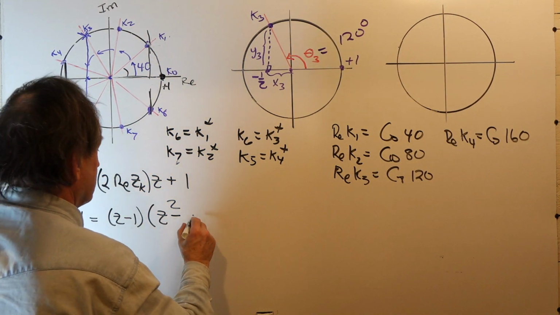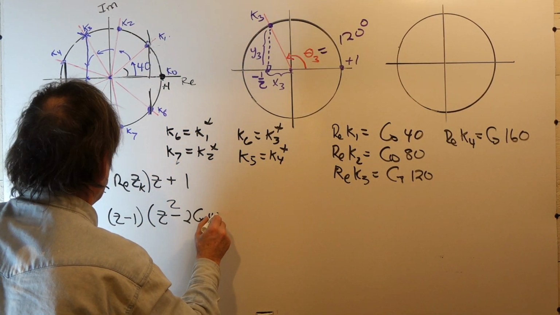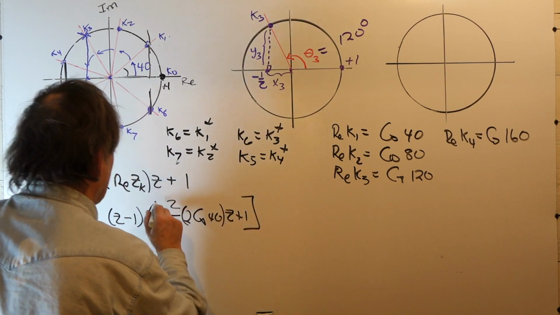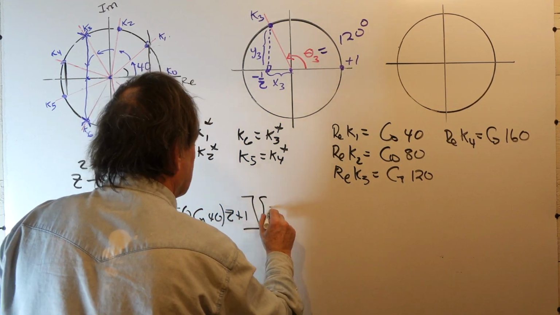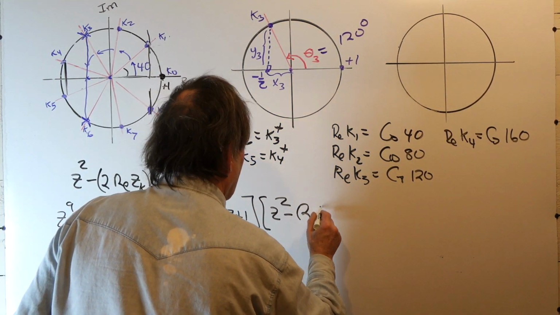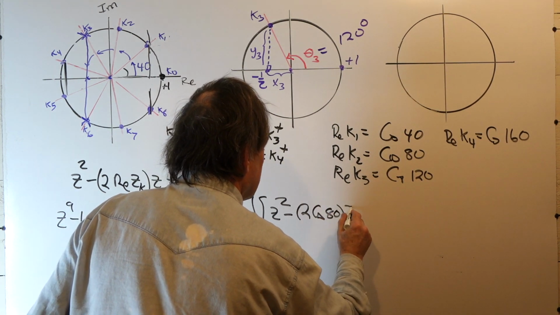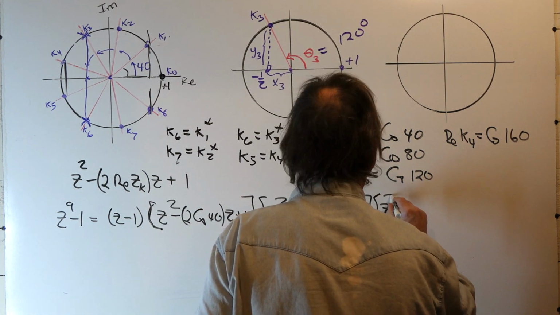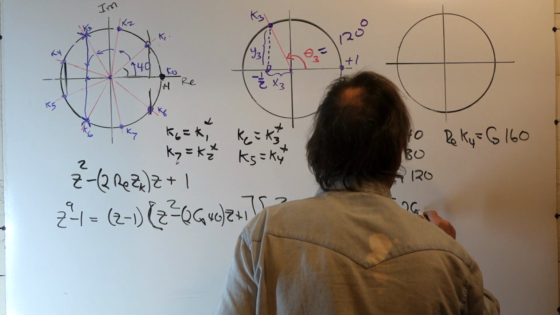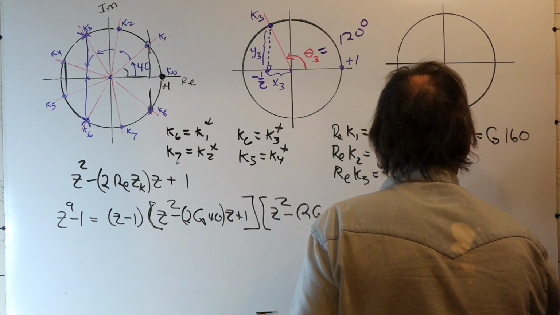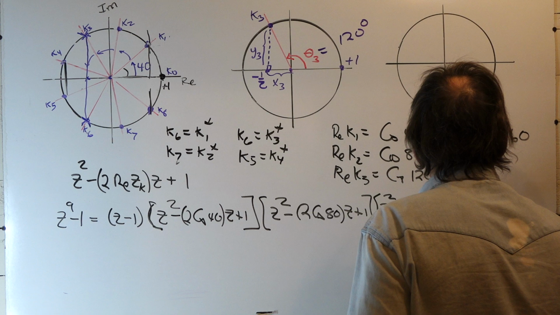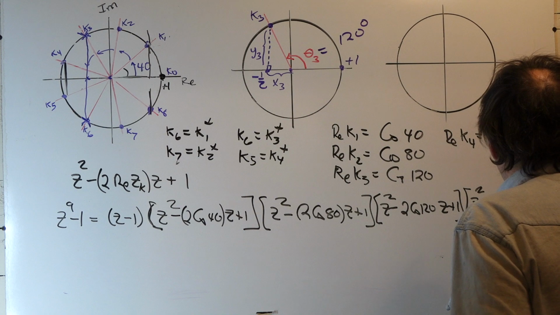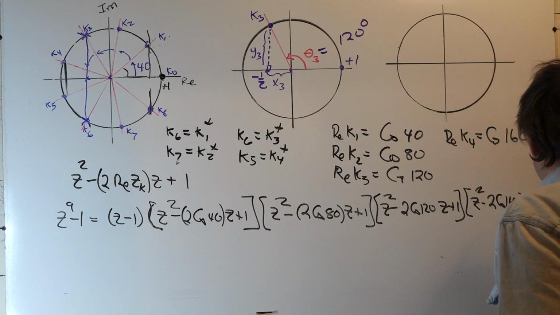So we could write this as twice the cosine of 40 times z plus 1. I'll just write that. And then another factor would be z squared minus twice the cosine of 80 times z plus 1. Then we have z squared minus twice the cosine of 120 times z plus 1. And the last one would be z squared minus twice the cosine of 160 times z plus 1.